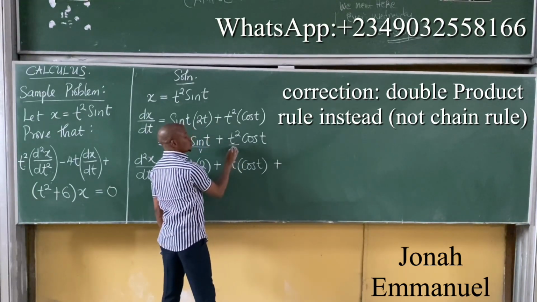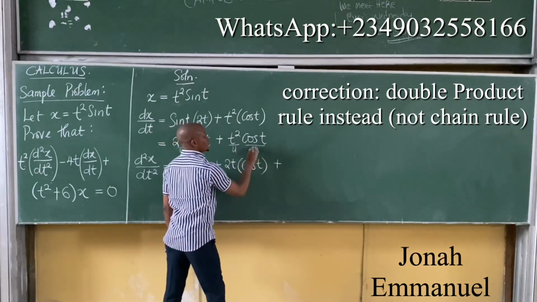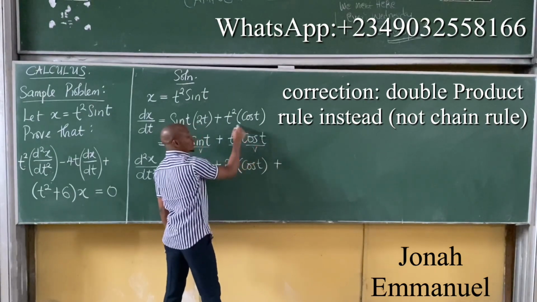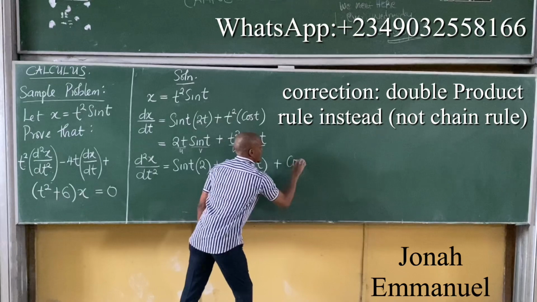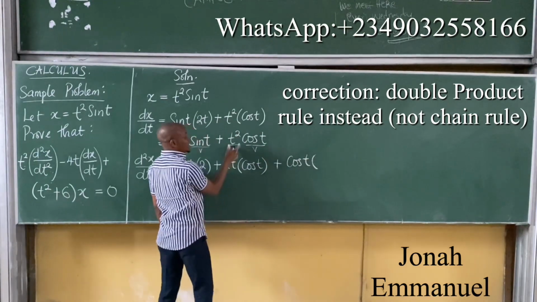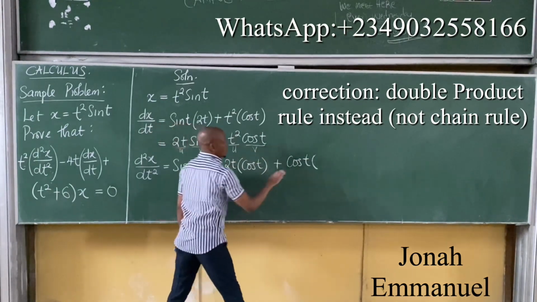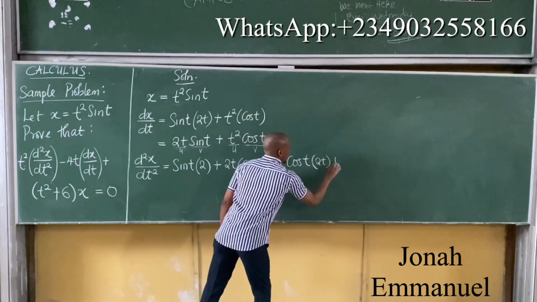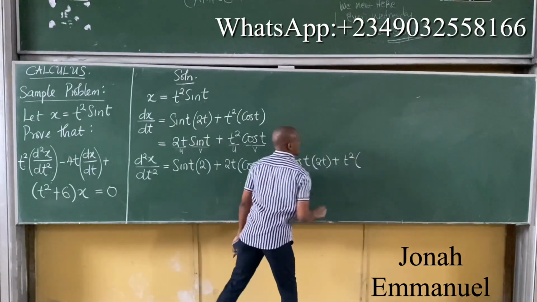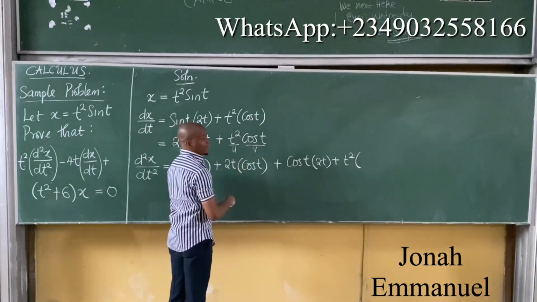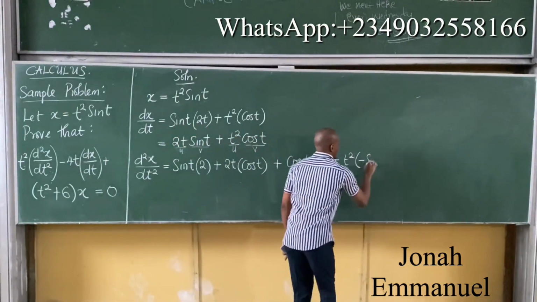This now becomes your new u and this becomes your new v. So use the product rule here, since they are multiplying. It becomes v, that's cos t, into differentiate t squared, which gives you 2t, plus u, that's t squared, into differentiate cos t, which gives you minus sine t.